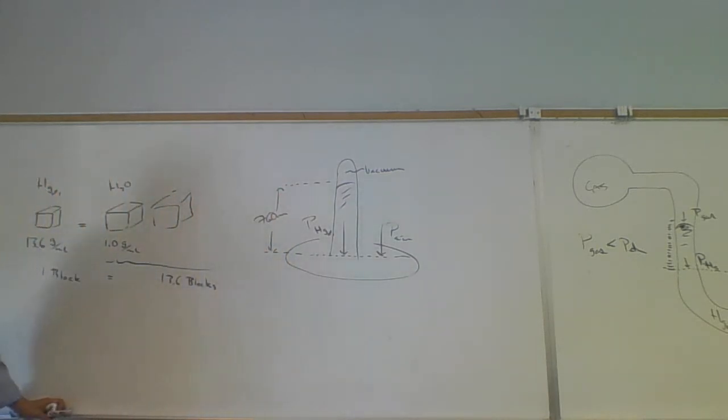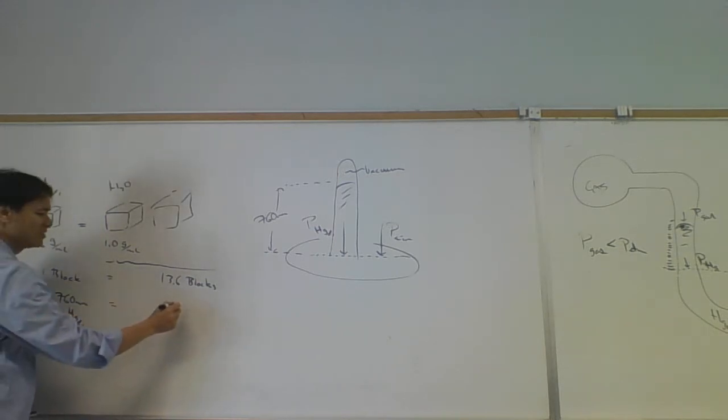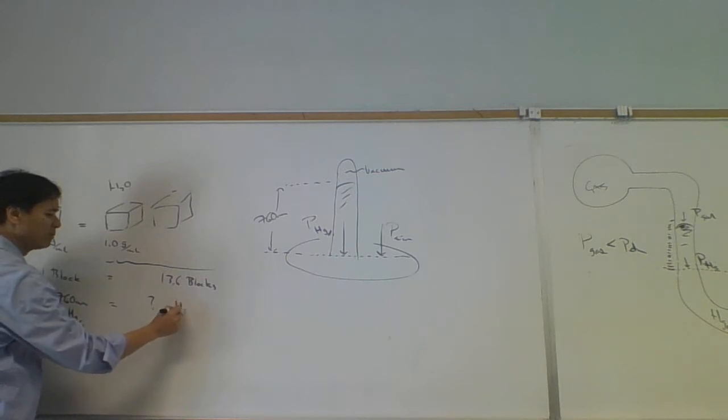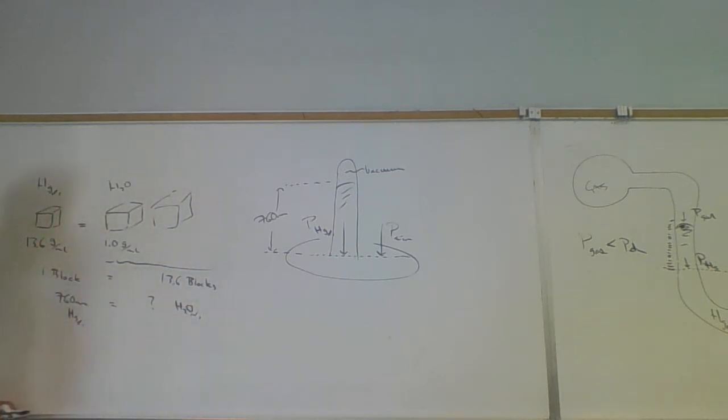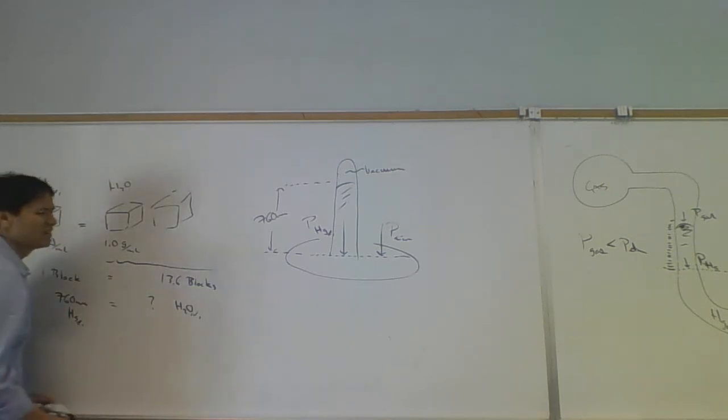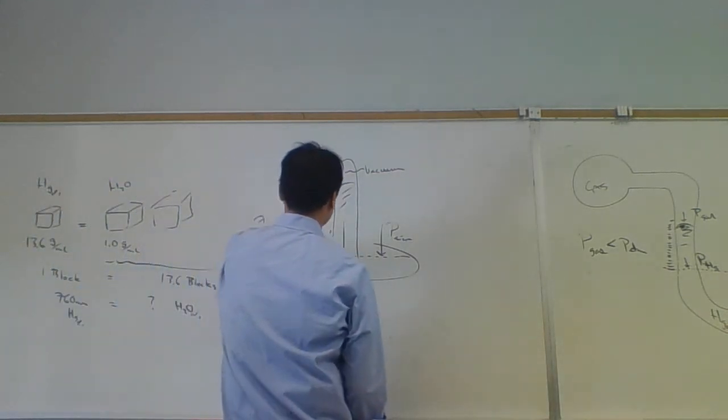Well, it's like this. One block is 13.6 blocks. So if I had 760 millimeters of liquid mercury here, what would be the equivalent in terms of liquid water? And so if I have 760 millimeters of mercury, how much water would I need in terms of millimeters of water? And so we could use some dimensional analysis to figure it out.